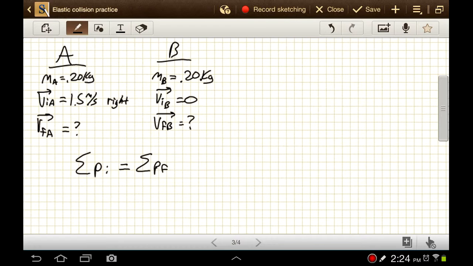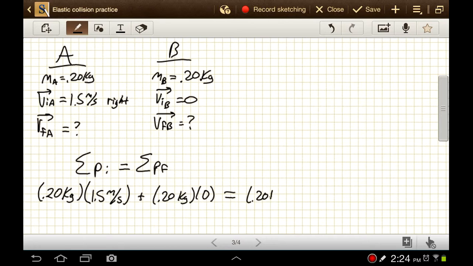We'll have the mass of A, 0.20 kilograms, times the initial velocity of A, 1.5 meters per second, plus the mass of B, 0.20 kilograms, times the initial velocity of B, 0, equals the mass of A, 0.20 kilograms, times the final velocity of A, plus the mass of B, 0.20 kilograms, times the final velocity of B.